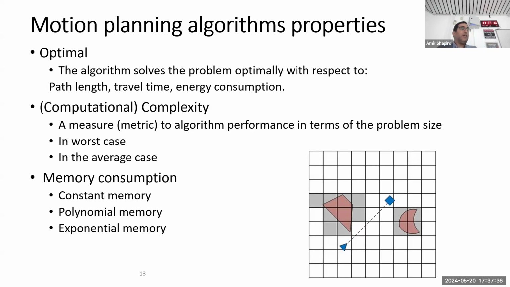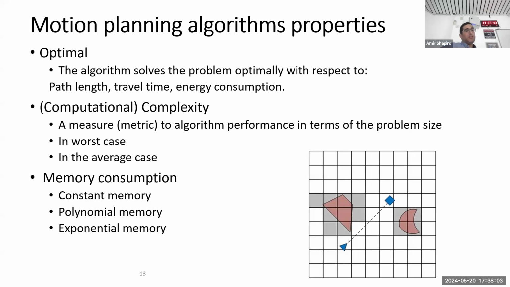And we can also calculate this in the average case. We can run it on many types of environments and calculate the average time or length that it takes to solve this problem. Also, we have the memory consumption, which is also a property of the algorithm.